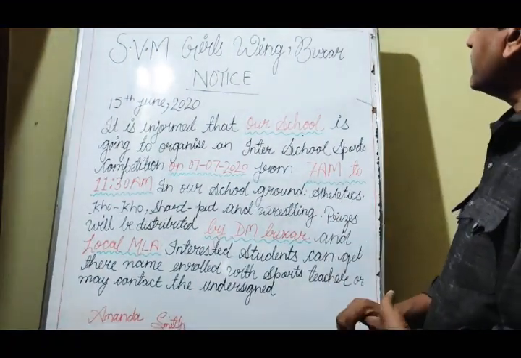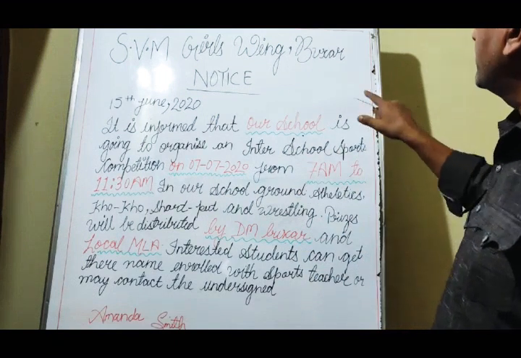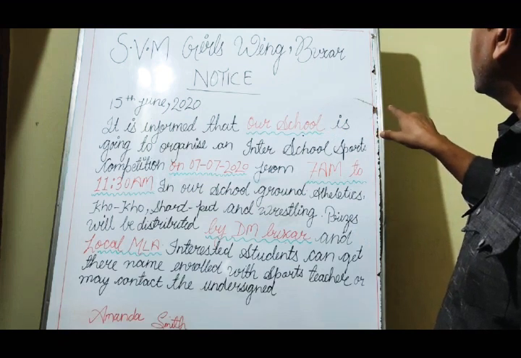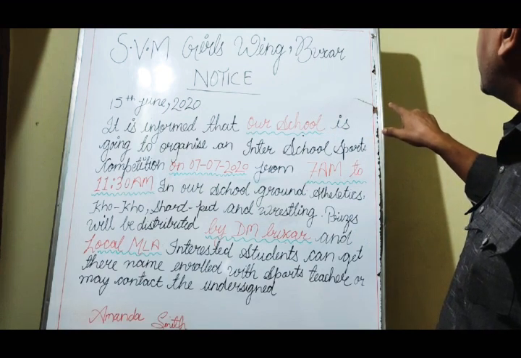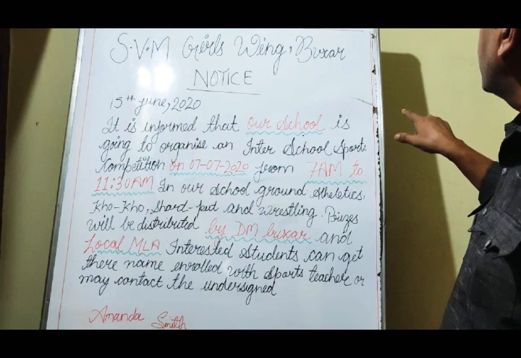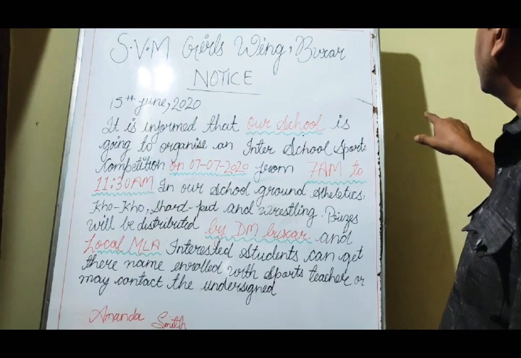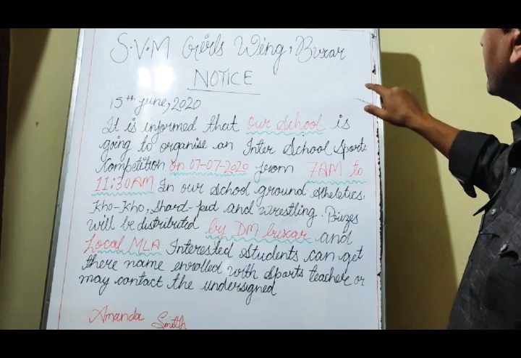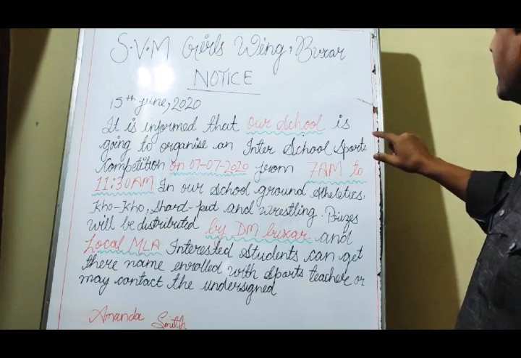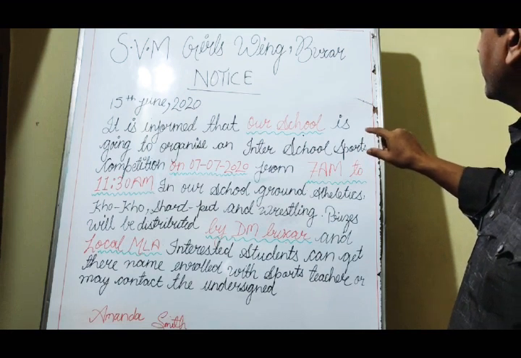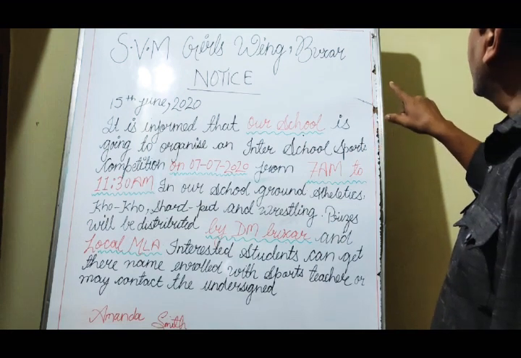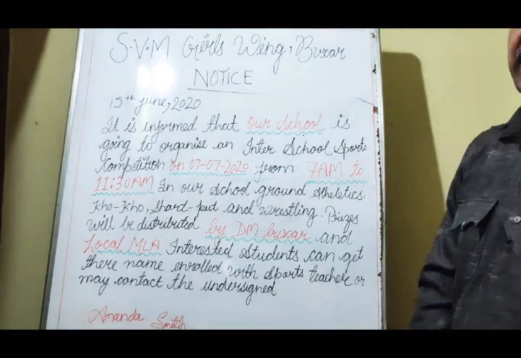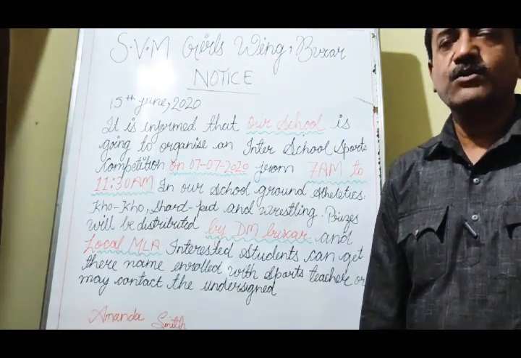So it is informed that our school is going to organize an inter-school sports competition. So here you can see that some words are written in red ink. Those red words are the answer of WH questions.